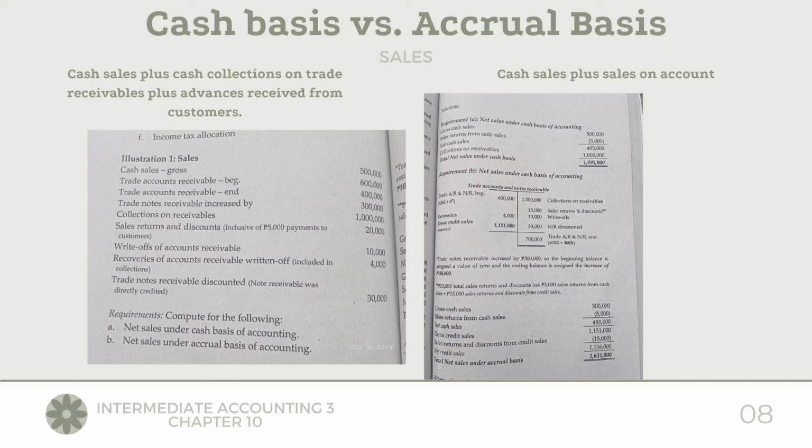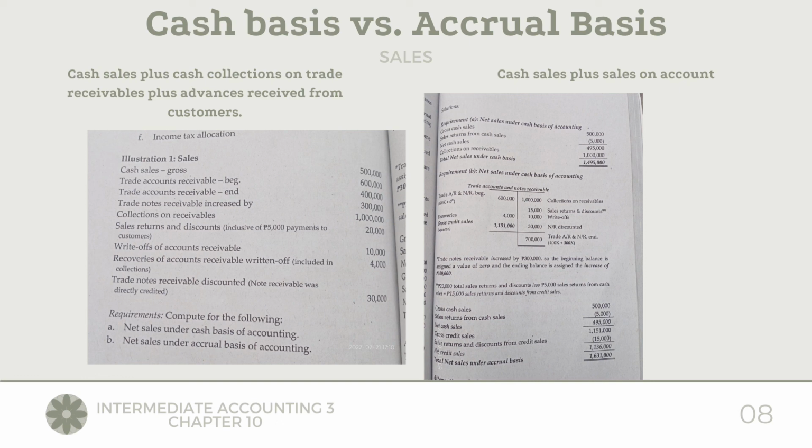Sa cash basis, included is the gross cash sales of 500,000, sales return from cash sales of 5,000, dahil sa problem natin, inclusive of 5,000 payment to customers, yung cash sales returns and discount natin. Cash siya, so we will put it on the cash basis.